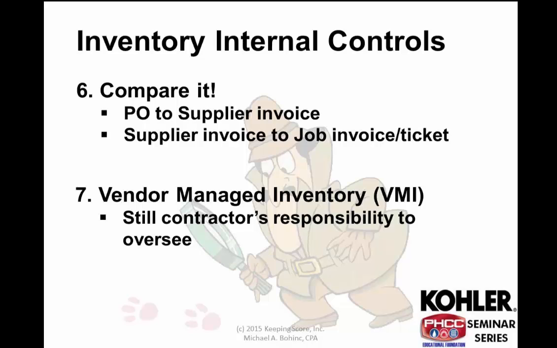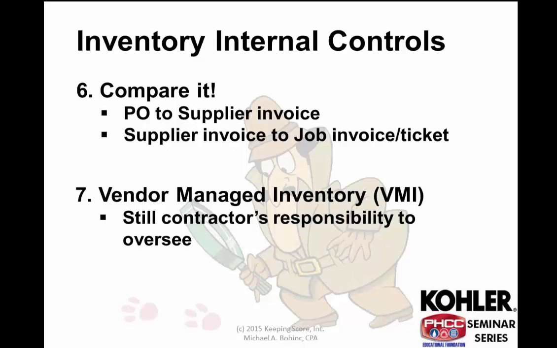Or maybe we ordered say 60 feet of 3/4 inch copper pipe, but we only used 40 feet of it on the Smith job. So then I know by comparing the client invoice against the supplier invoice that I have 20 feet left, which maybe stays on the truck and goes into truck stock.